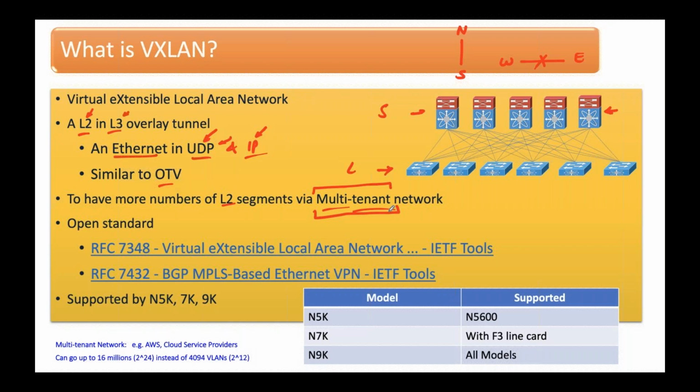Otherwise, earlier we used to work and learn about OTV. So this has now turned out to be obsolete. Cisco is not popularizing OTV anymore. Make sense? Does it satisfy your question, dear Kumran?